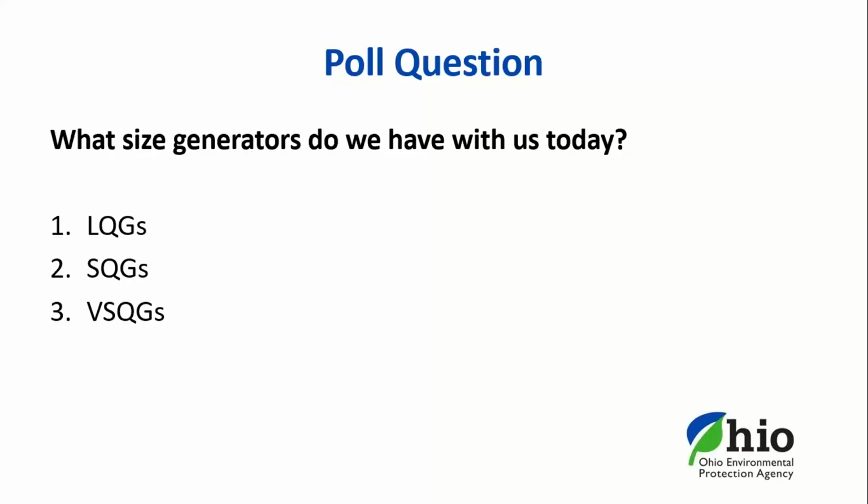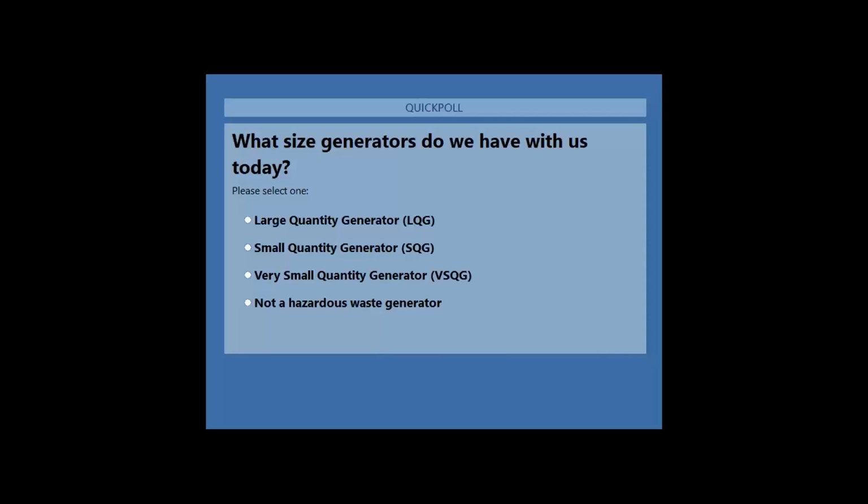So let's just take a minute and see what size generators we have with us today. Select 1 for LQG, 2 for SQG, or 3 for VSQG. All right, the second poll has been launched. It should pop up in a second. If you don't see it, please make your selections.